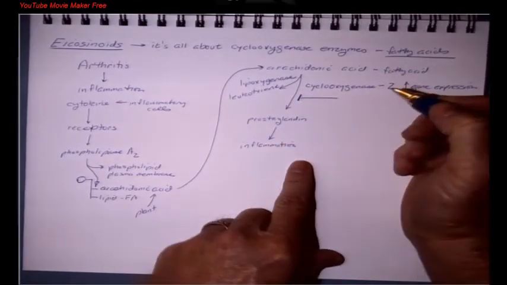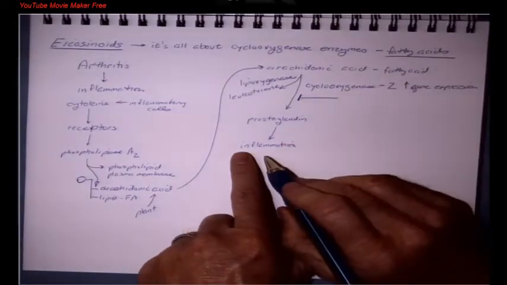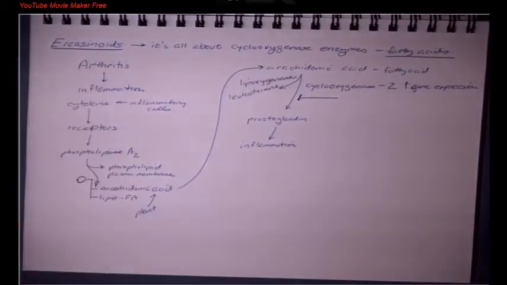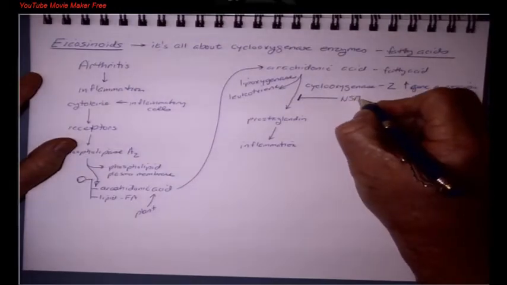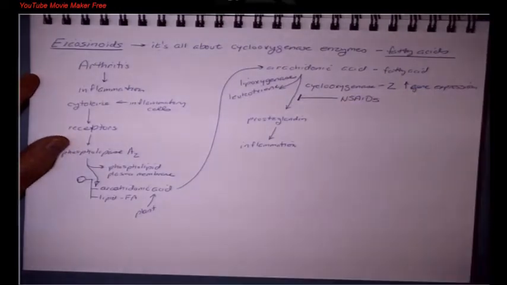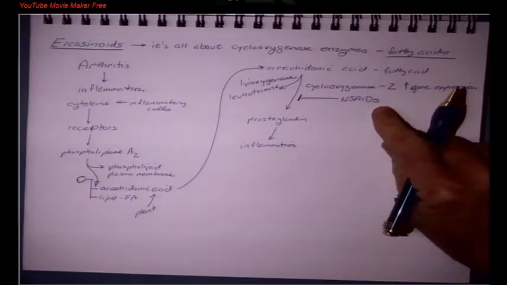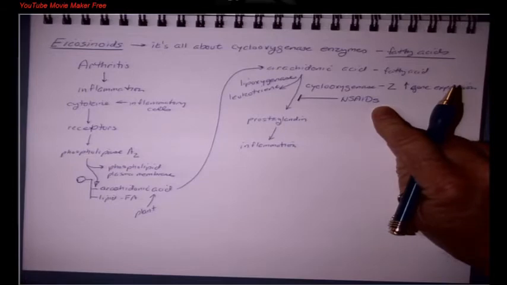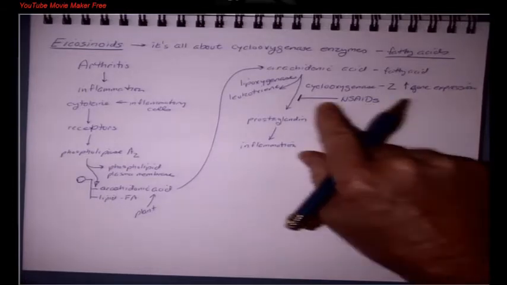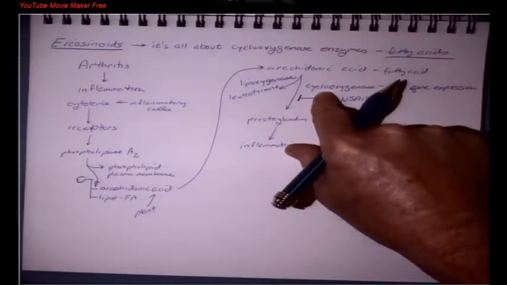If we do that, we eliminate the inflammatory response and we give our arthritic patient some help, some relief of pain. This is where our non-steroidal anti-inflammatory drugs work. So, aspirin, ibuprofen, naproxen, all of these types of drugs work right here to block cyclooxygenase 2.